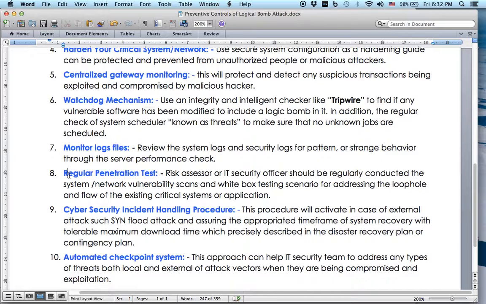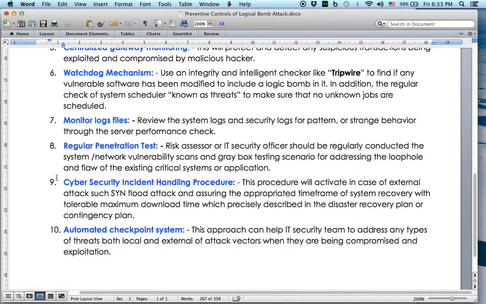So the white box testing can include black box testing and white box testing. Sorry, this is gray box, not white box. Gray box testing means they combine white box and black box, to address the loophole and flaw of the existing critical system or application.